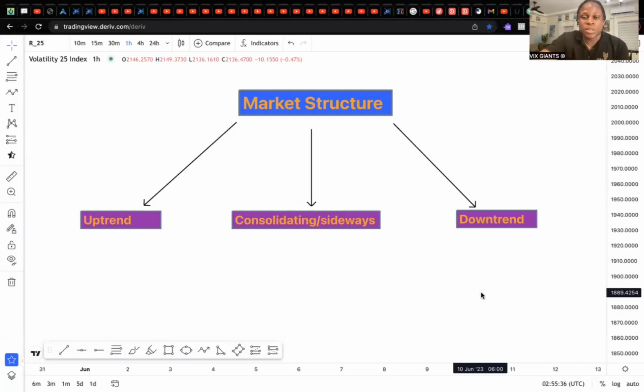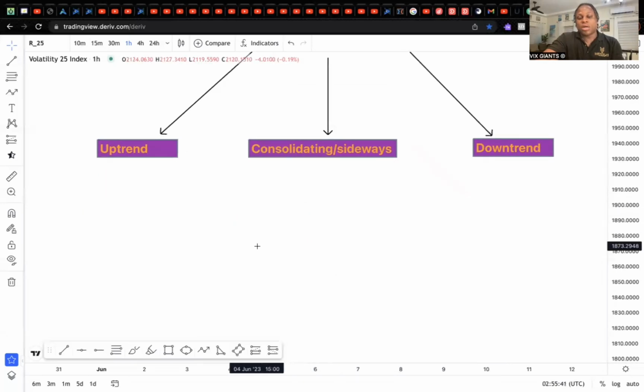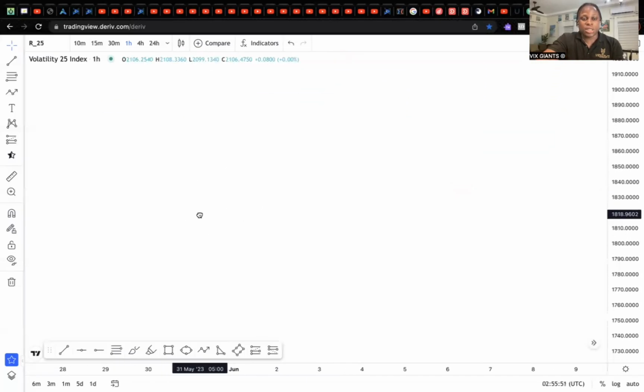So let's go. First, I'm going to draw a few illustrations representing each trend. The first one I'm going to start with is the uptrend. The textbook definition of an uptrend usually looks something like this.